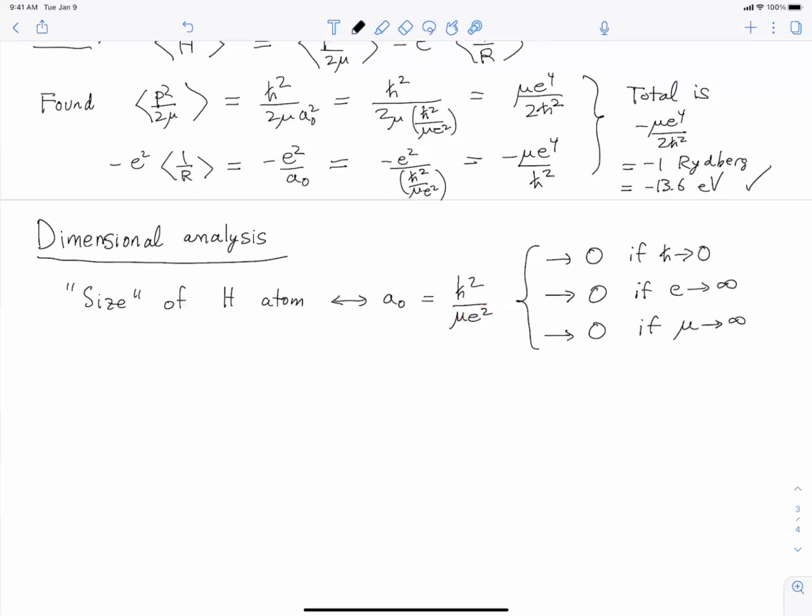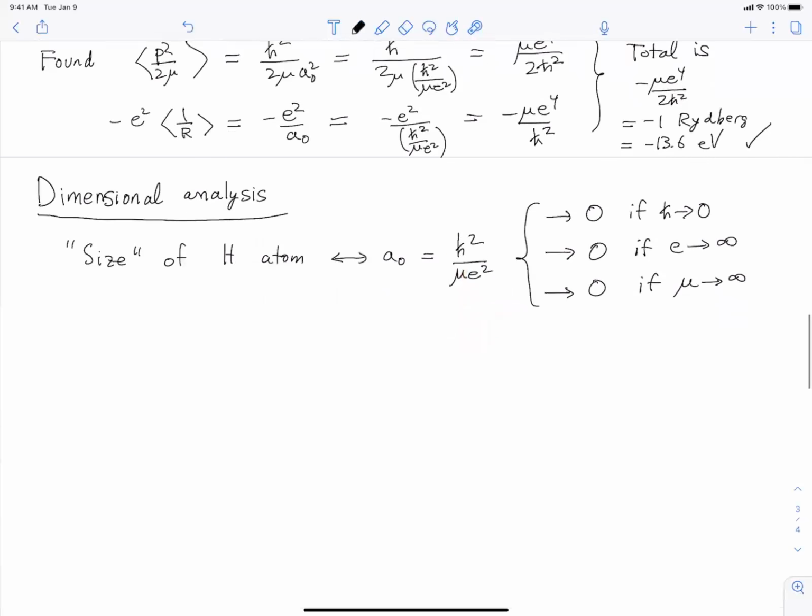So it might look like we could have just guessed, up to maybe a factor of 2 or something, what the Bohr radius was, but that's not exactly right, because it turns out there's another dimensionless quantity that you can make, and then you could multiply this by that dimensionless quantity. Dimensionless means no units.